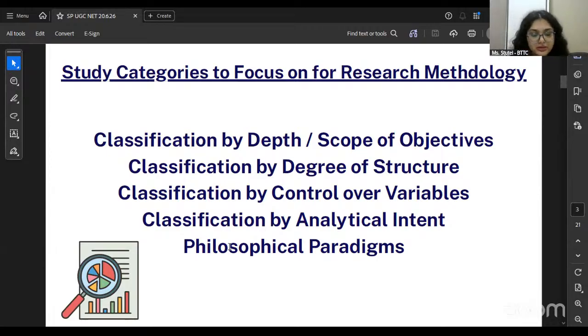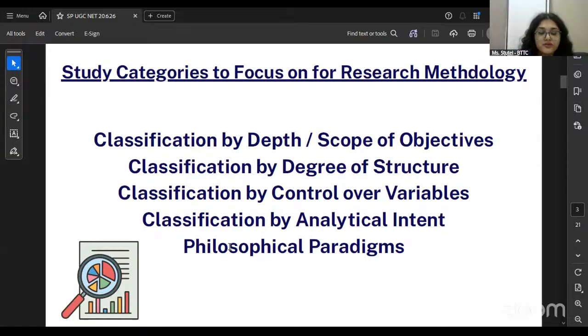So within these categories, the most frequently asked areas are from objective-based classification. You can read about action research, evaluation research, or you can read about exploratory versus descriptive research. If you think from the point of view of degree of structure, then you can focus on structured versus unstructured interview.